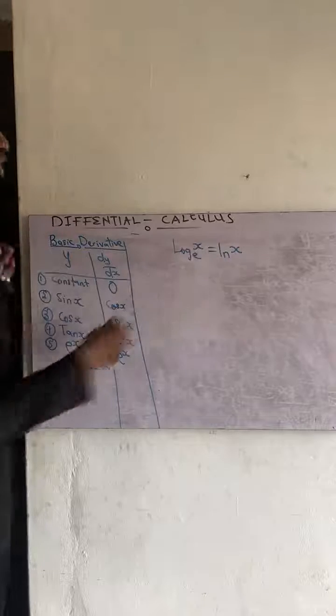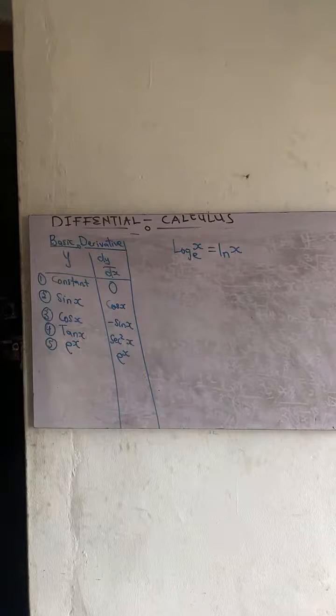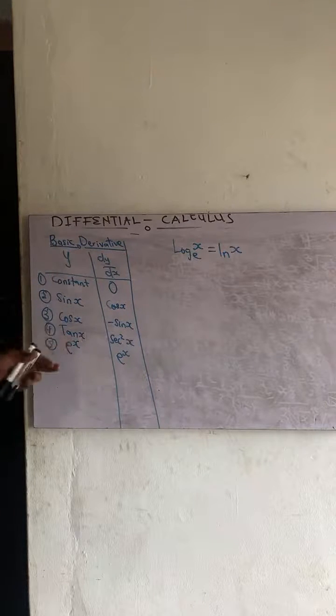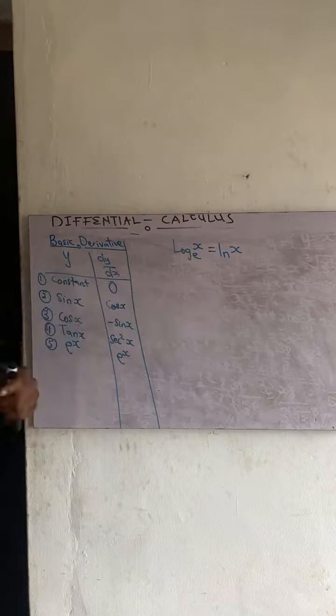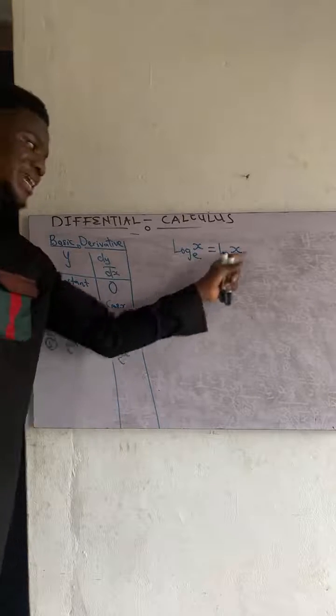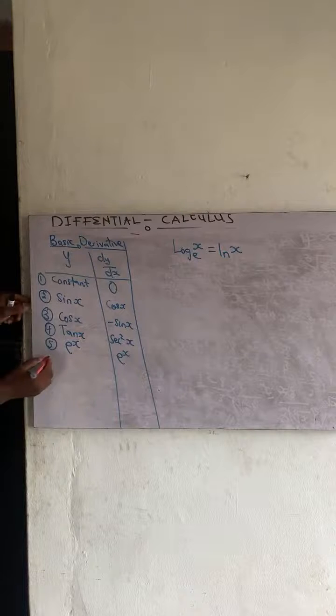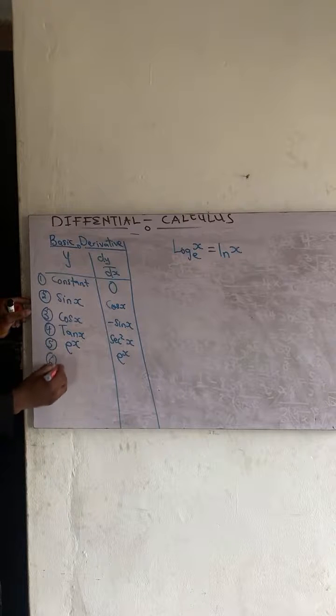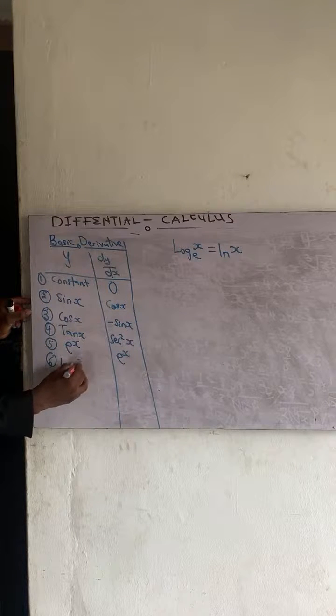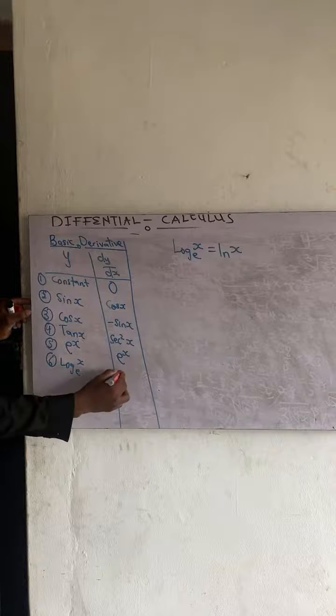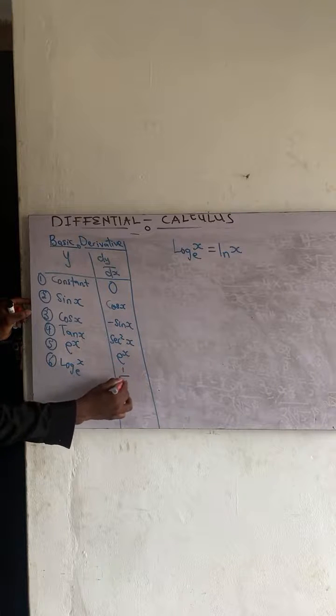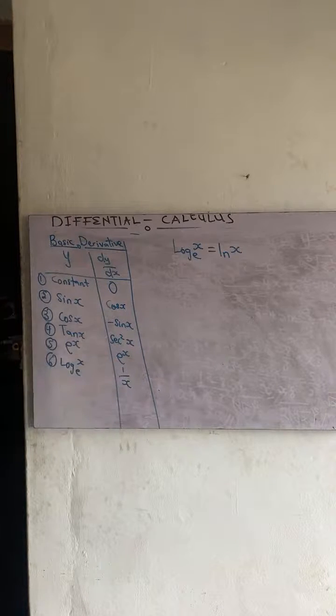These two functions represent the same thing. So it is either you refer to it as log x base e, or as ln x. The differentiation of log x base e is 1 over x. Let me stop here for now, guys.